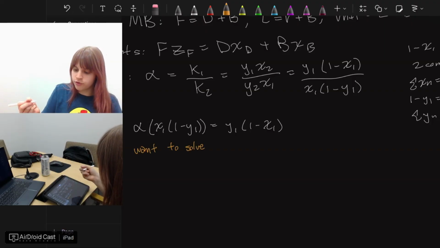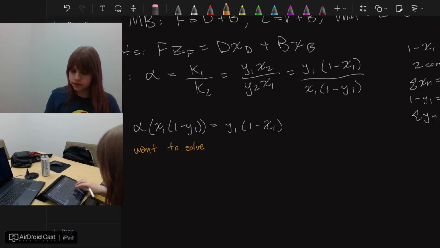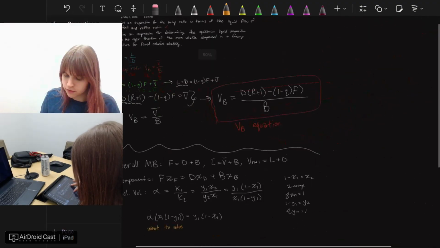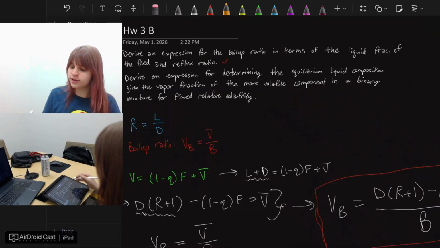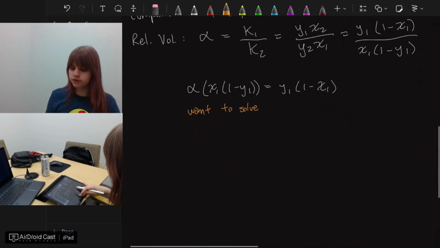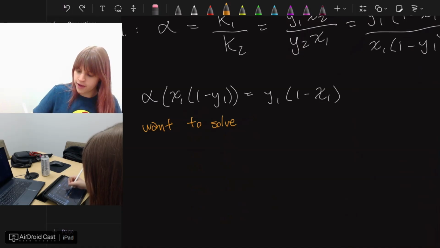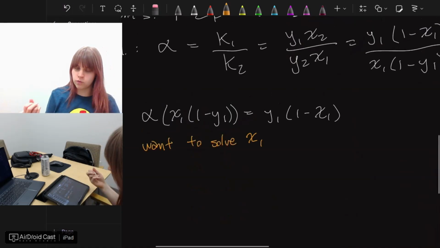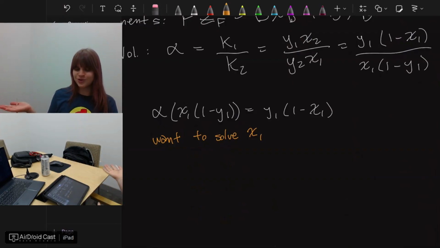We could solve for either X1 or Y1, but we are deriving an expression for determining the liquid composition given the vapor fraction. So we are being given Y, so we want to solve for X, specifically X1, but solving for X1 would also give us X2.